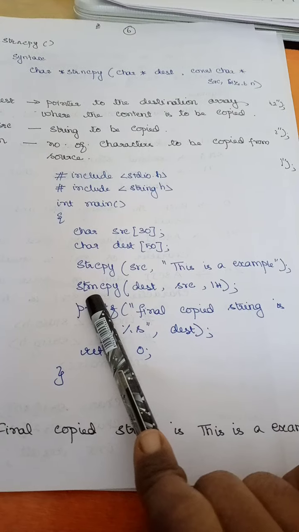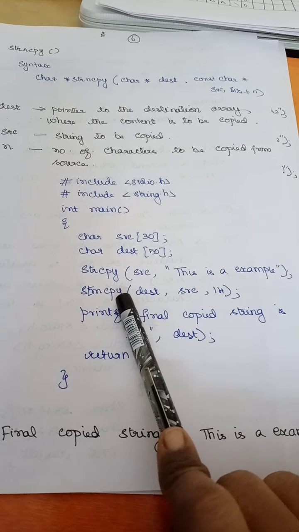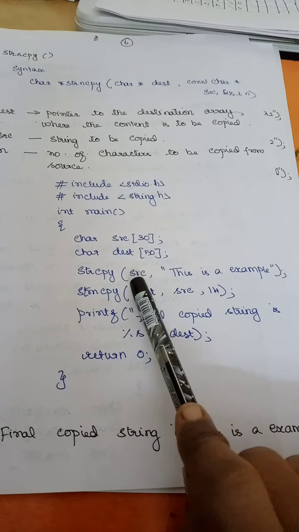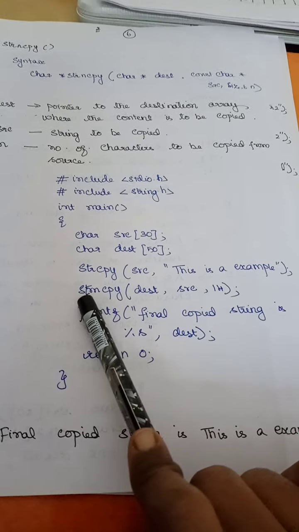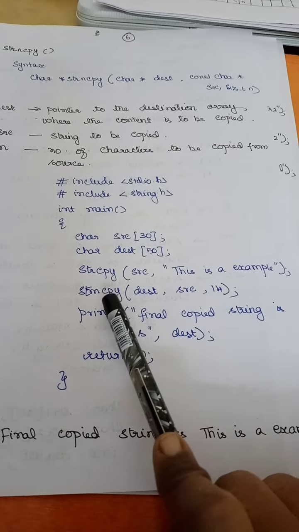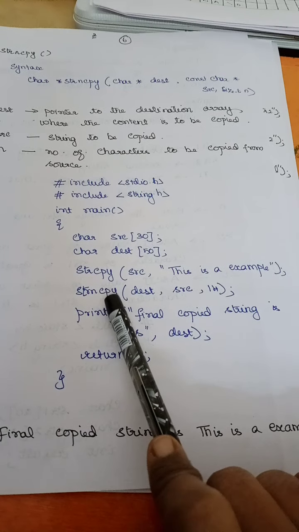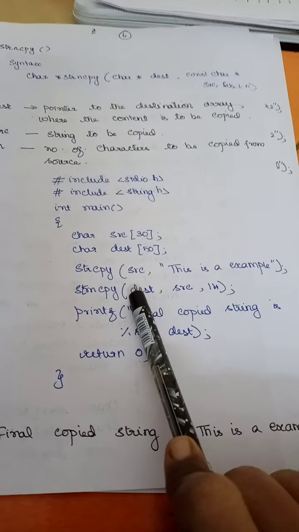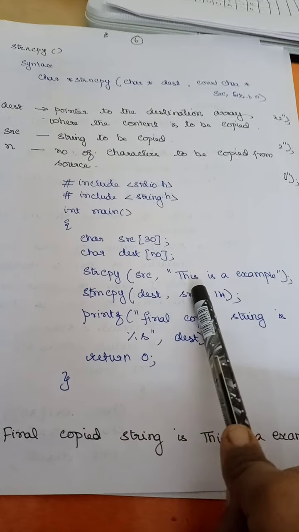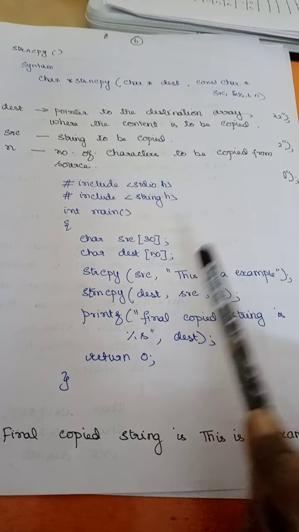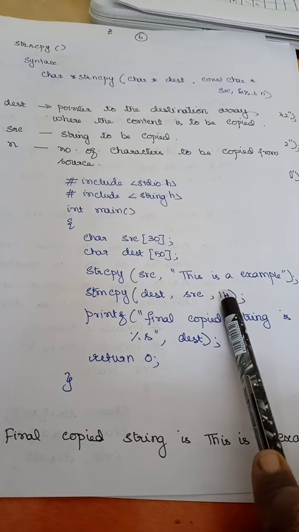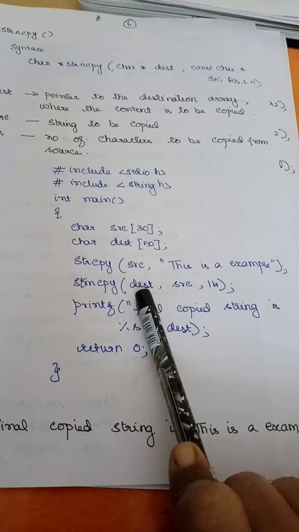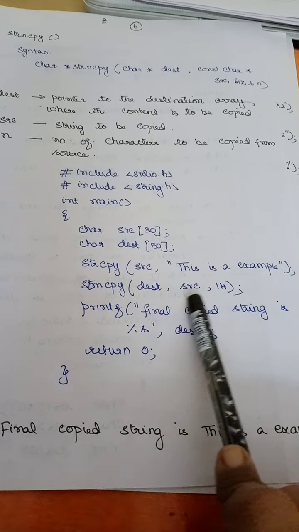And then again I am using strncpy. Here strcpy means this entire string will be copied to the destination, while strncpy means I am specifying how many characters I want to copy. This is my destination variable. From the source variable I am going to copy 14 characters to this variable. This is nothing but your strncpy.